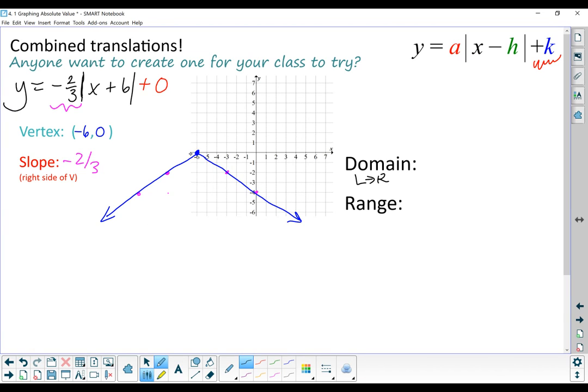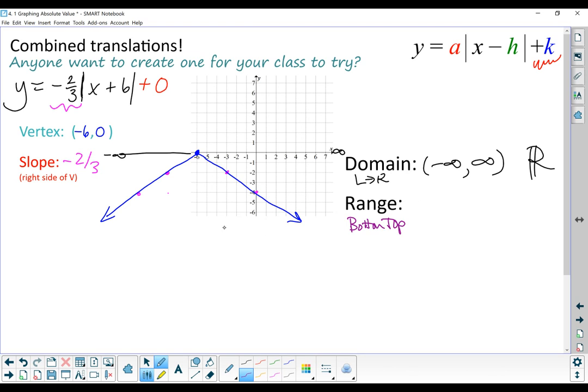So I would say that this left side is definitely at negative infinity, definitely extending forever to the left, and then also on the other side extending to the right to positive infinity, or you can write all real numbers. And for our range, excuse me, we want to report that from the bottom to the top.